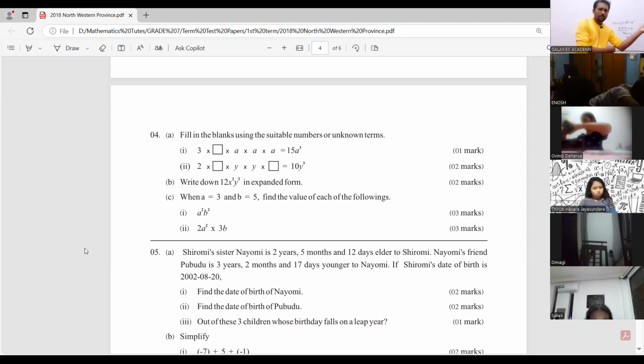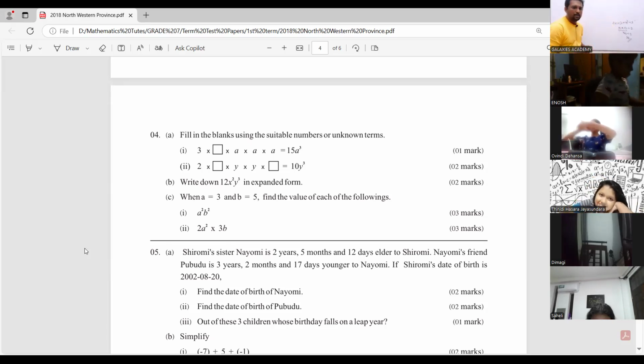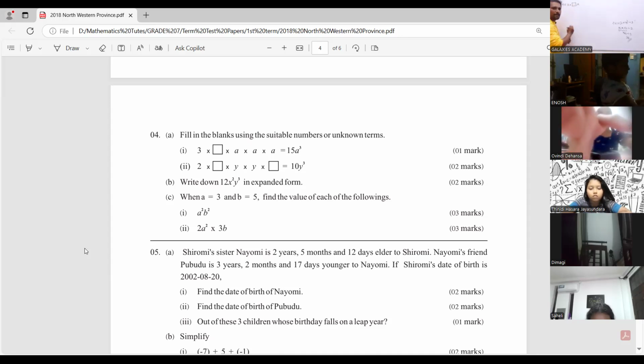Right. Simple A. Filling the blanks using the suitable numbers or unknown terms. Simple A, first part given of the fourth question. 3 multiply empty box multiply A multiply A multiply A equal 15 A to the power 3.